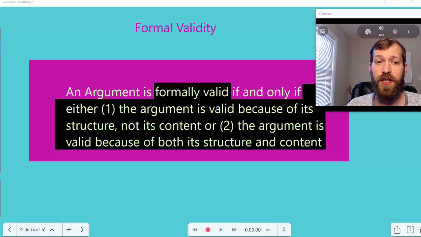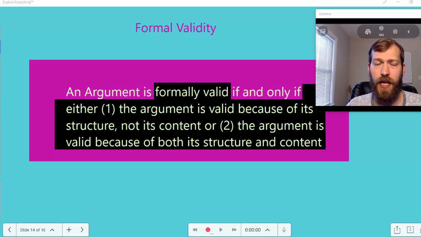Some arguments can be valid merely because of the form, merely because of the structure that the argument takes. And then there's the over-determining case of when the content and the structure would make the argument a valid argument. And as you'll see in this definition, that over-determining case, I'm just going to stipulate and make that count as an argument being formally valid.